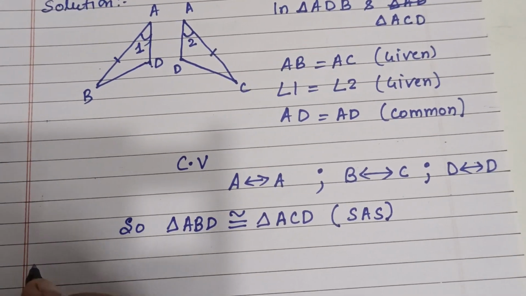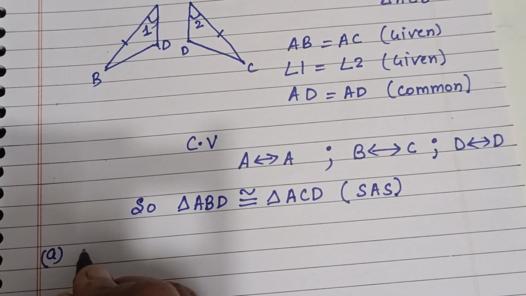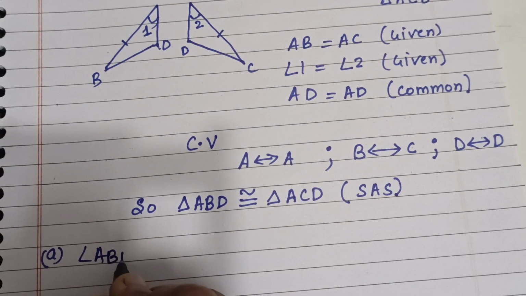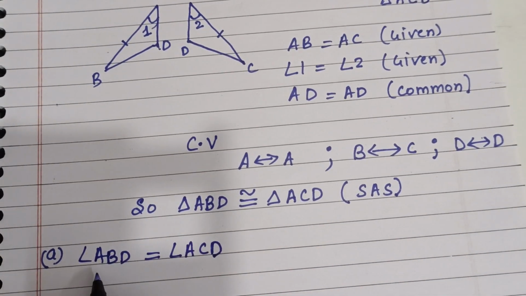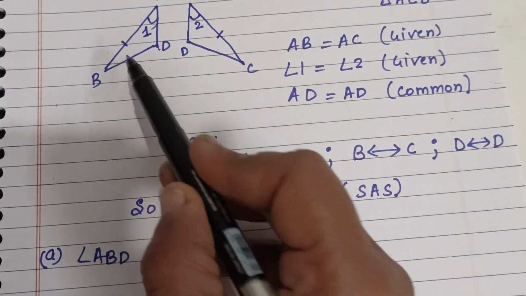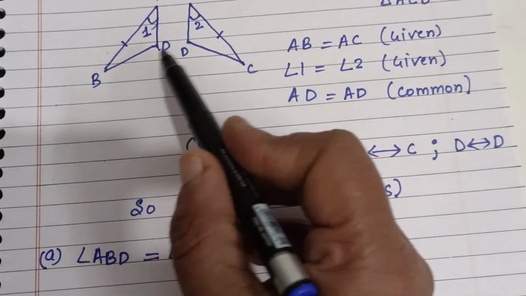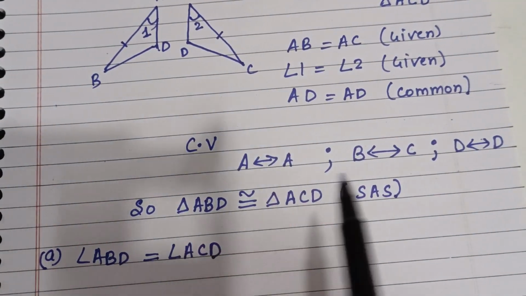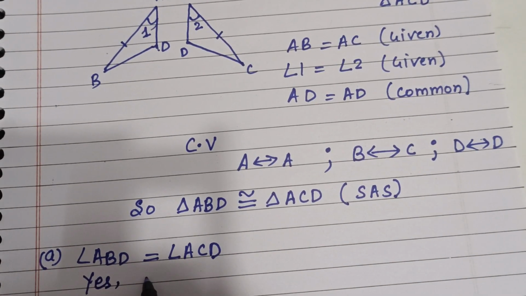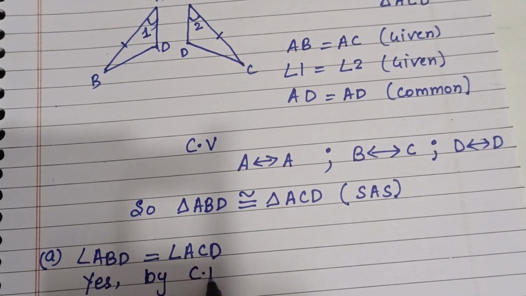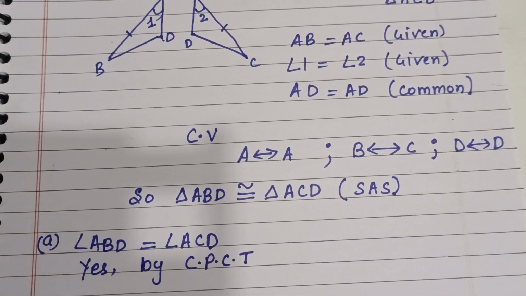Now they are asking the first part, to show that angle ABD equals angle ACD. Now we can see angle ABD and angle ACD are parts of the congruent triangles. So yes, we can say that they are equal, by CPCT, that is, corresponding parts of congruent triangles.